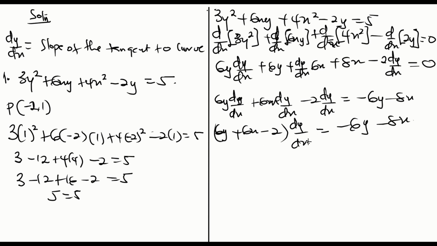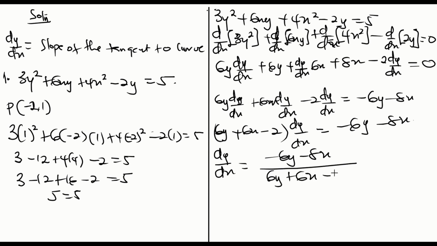Then we make our dy/dx the subject. So my dy/dx is equal to minus 6y minus 8x all over 6y plus 6x minus 2.